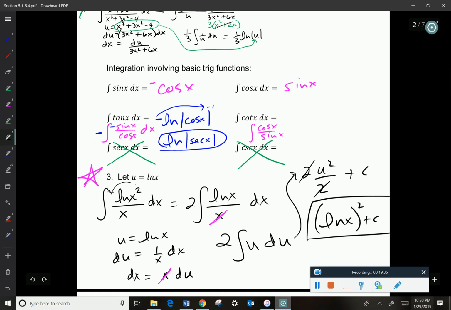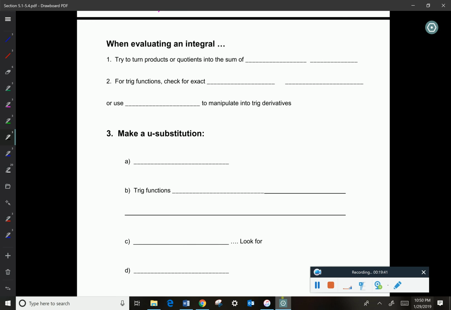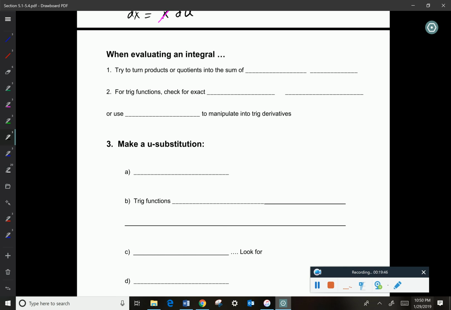Okay, so I really think it would be helpful if we make this overall summary page, right? When you evaluate an integral, any integral out there, the very first thing we learned in chapter 4 is try to turn any products or quotients into the sum of individual terms. Because if they're individual terms, I can integrate separately.